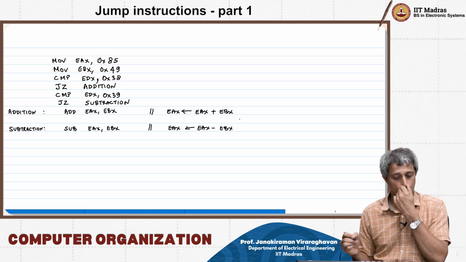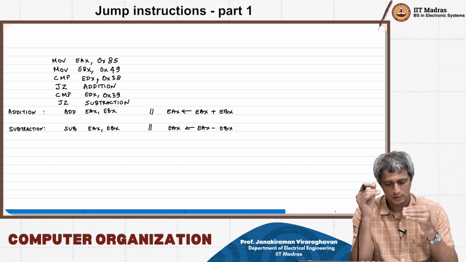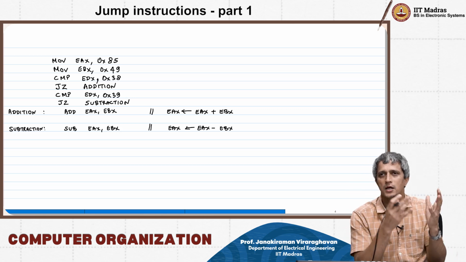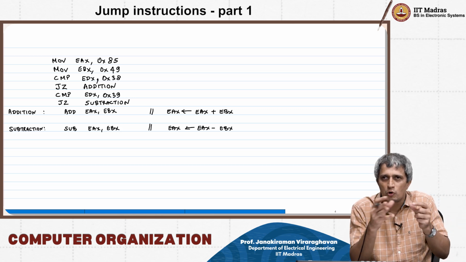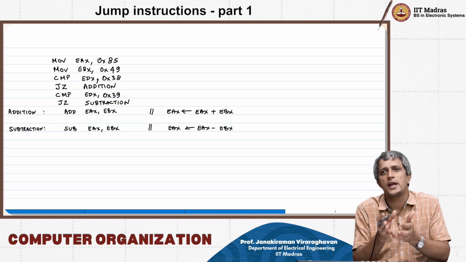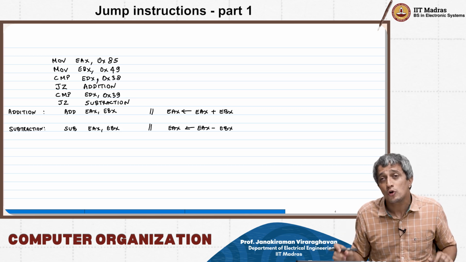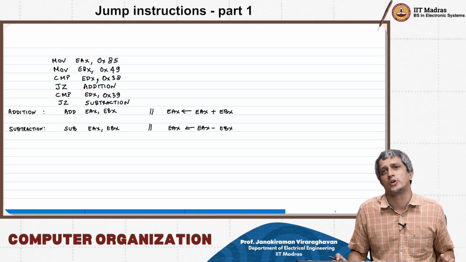Right? Now, the key point is that the execution flow has gone in a certain way and I have caused a branching to happen. The program is going to fork out into the addition or the subtraction stream depending on the code that is in the EDX register. And therefore, I have to now tell it what to do after you finish this operation.